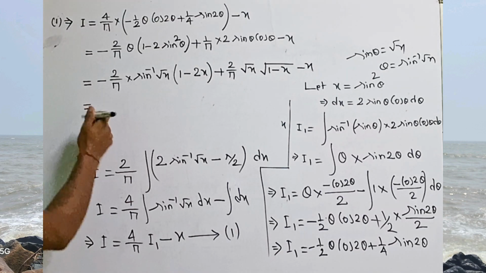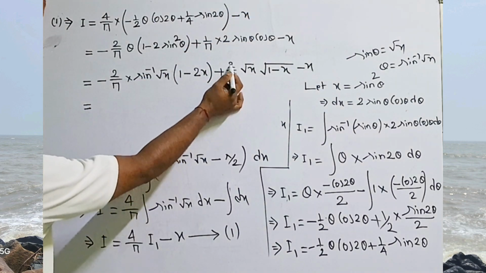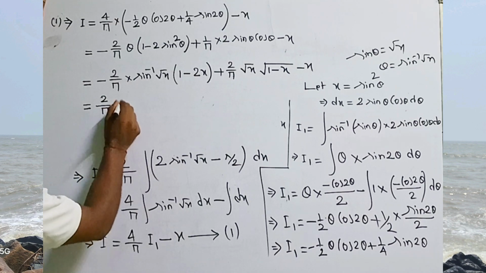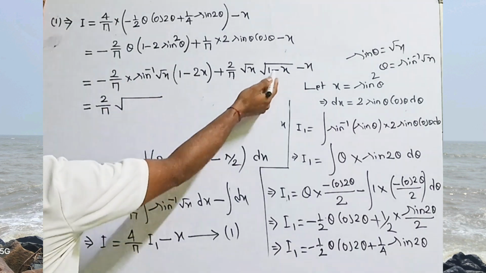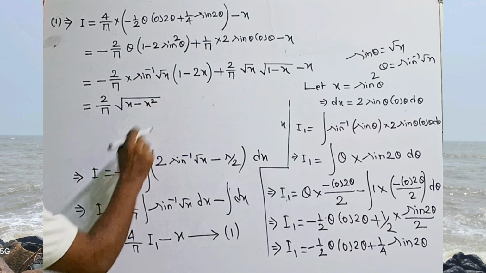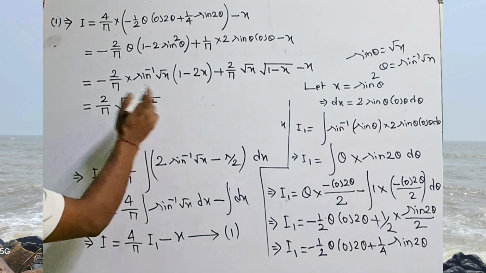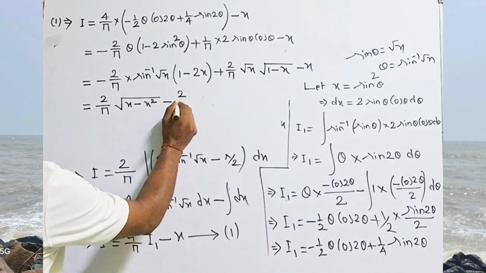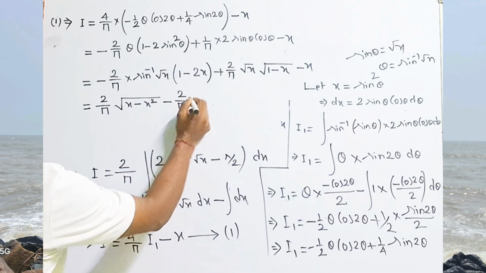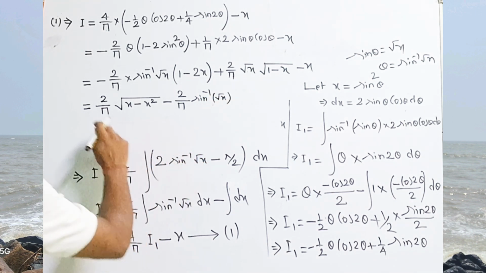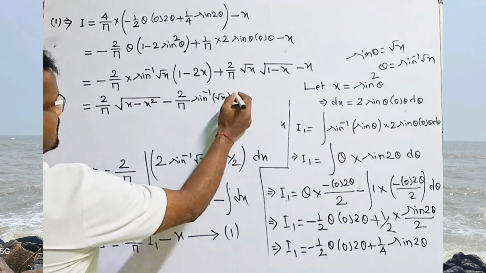So finally, you can write 2 by pi here, positive term let us take at first, 2 by pi under root over x into 1 minus x, that's your x minus x square, and minus 2 by pi sine inverse root over x.